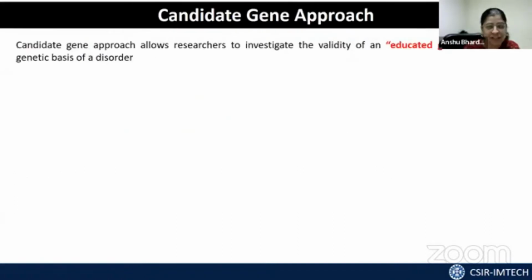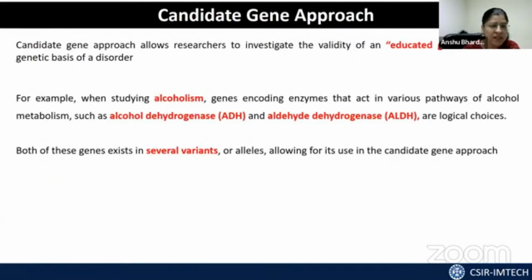Say, for example, I've taken an example here. If you are studying alcoholism, why some people are getting addicted to alcohol, and you want to know the genetic components of that, the most logical choice would be to look at their alcohol metabolic pathways. And particular genes like alcohol dehydrogenase or aldehyde dehydrogenase are logical options for you to start.